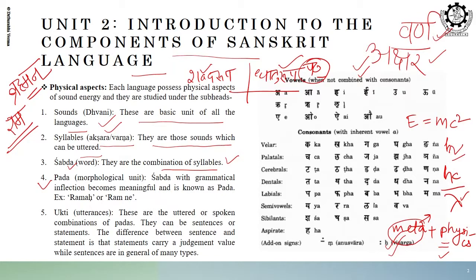And if I create it in singular, ekvachan, karta karak, nominative case, Brahma, or from Atman, Atma, that will become Pad. It will become a morphological unit. Linguistically, it's a morphological unit. Why? Because we have already made it fused with its markers at the end. And in Sanskrit, this is very interesting because we create the words with its marker fused with the word itself.